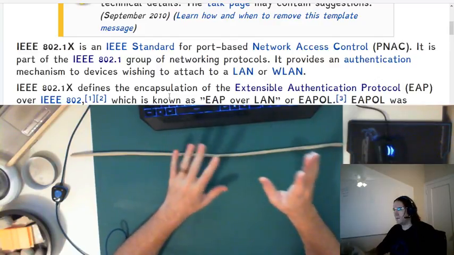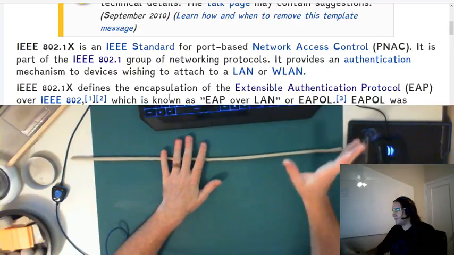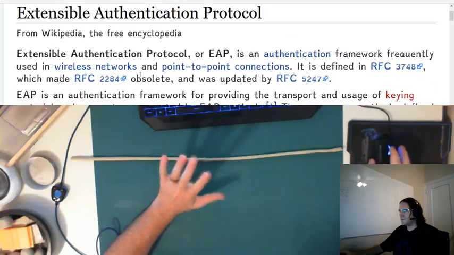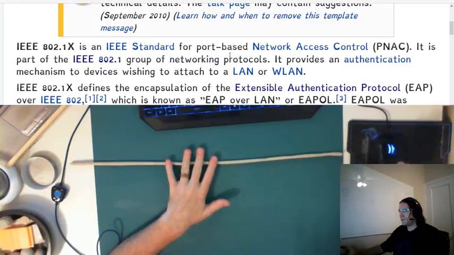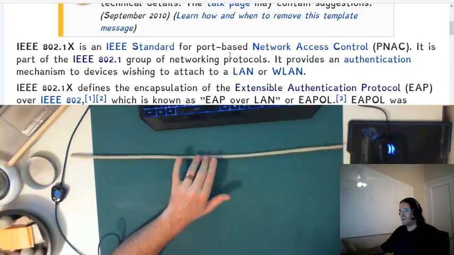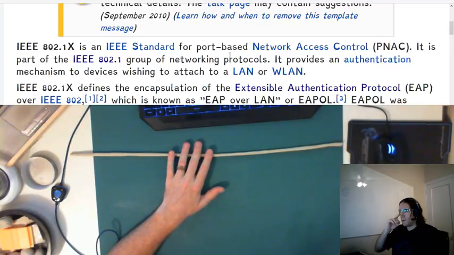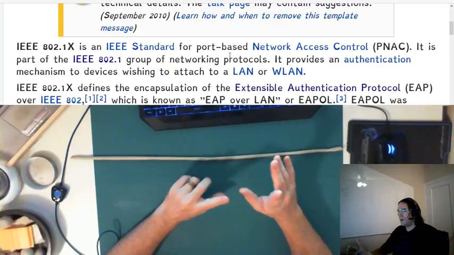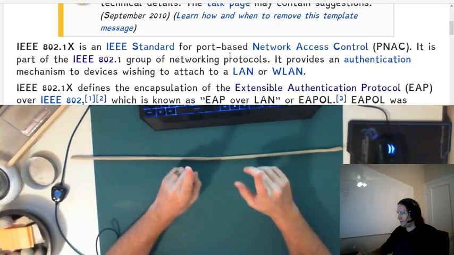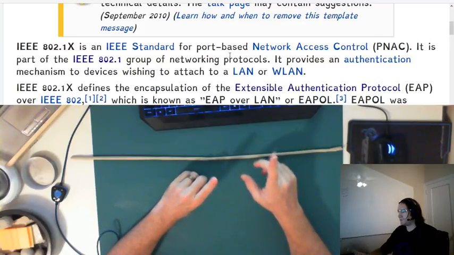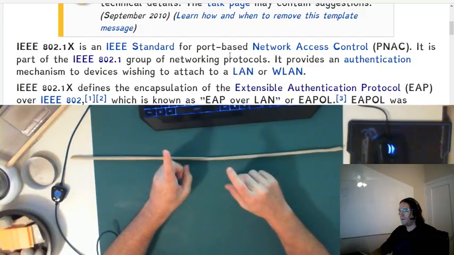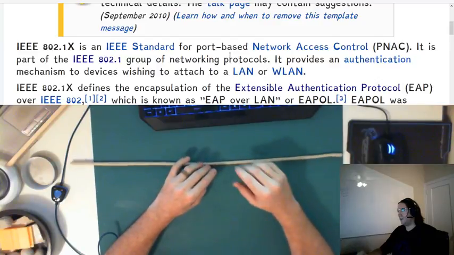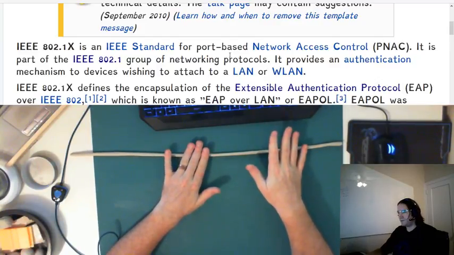Okay, so 802.1x defines the encapsulation of the Extensible Authentication Protocol over IEEE 802, which is known as EAP over LAN or EAPOL. And EAPOL was originally designed for IEEE 802.3 Ethernet in 802.1x-2001, but was clarified to suit other IEEE 802 LAN technologies, such as IEEE 802.11 wireless and Fiber Distributed Data Interface.